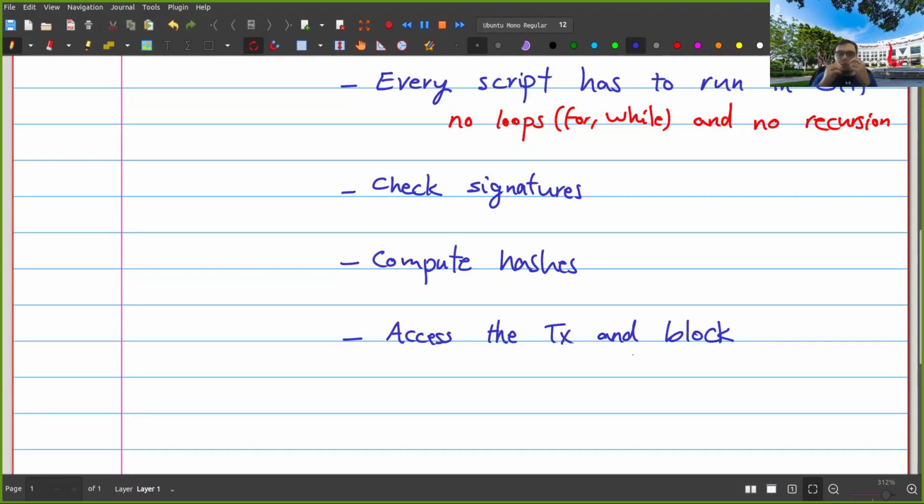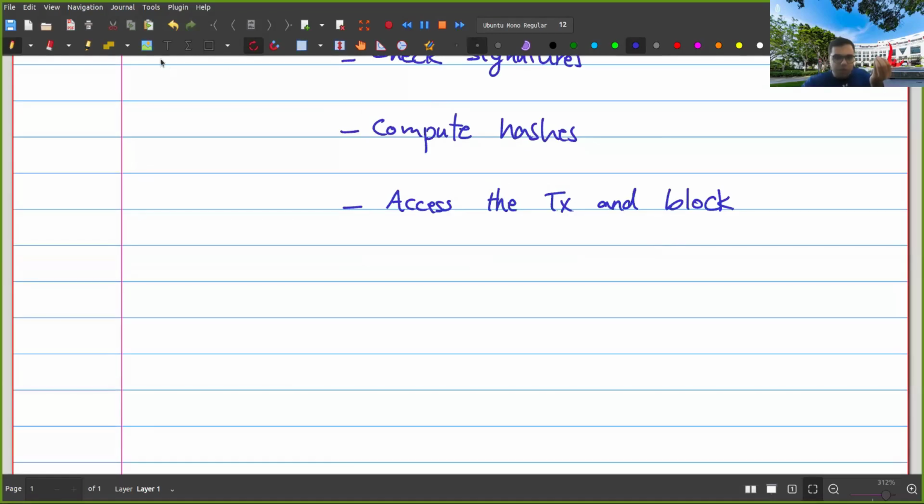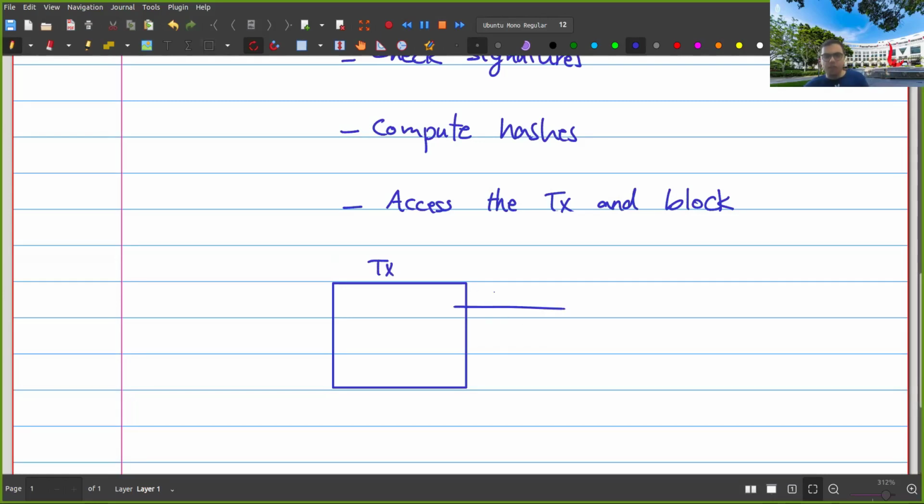So you can have a particular coin. Remember, the coin is basically the output of a transaction. So let's say this is my transaction, and let's say I have this output, which is paying, let's say, 5 Bitcoin to Alice.